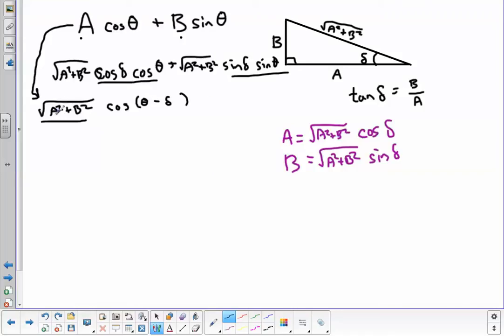And this guy we could just call C, right? C cosine of theta minus delta, where C is equal to the square root of a squared plus b squared. And remember, the delta also is in terms of a and b over here. So it's two new things, C and delta, that we can trace back to a and b.